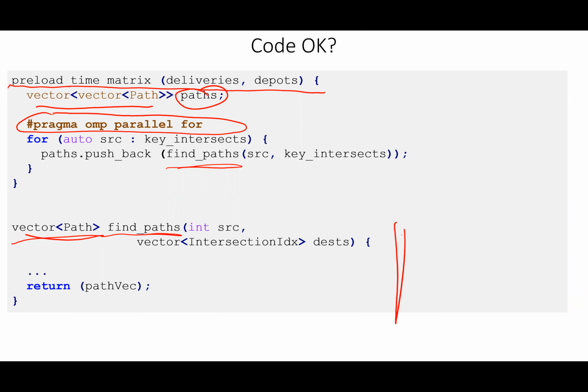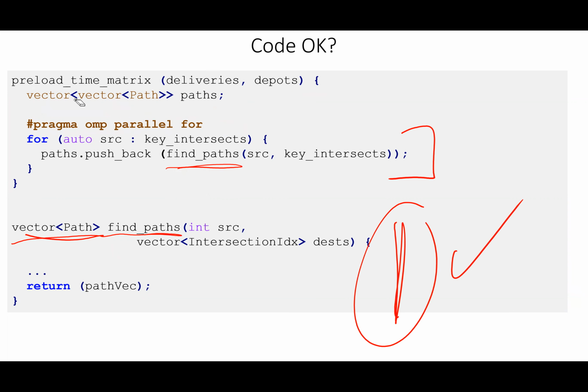So this, we've already talked about. Let's say we got that right. So that's now working. Let's just look at this part. How do you feel about this code? This is the code now that's calling that routine, and it's loading the matrix. So we get one row with every single call. So we're just pushing it into the back of this paths matrix. So this paths matrix basically is a vector, and every element in the vector is another vector.